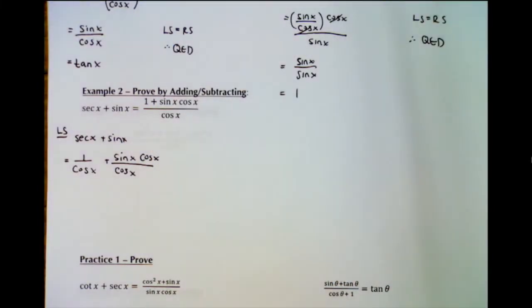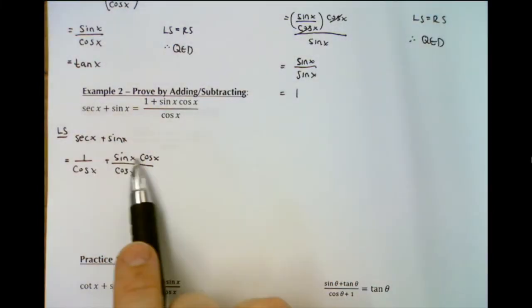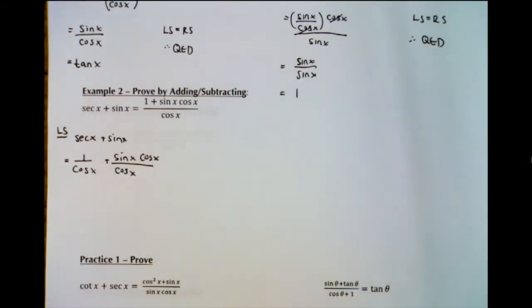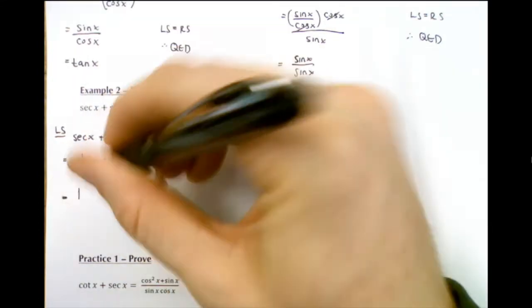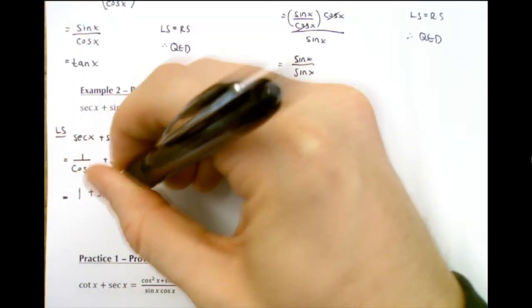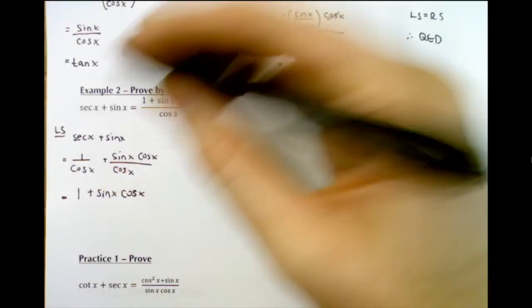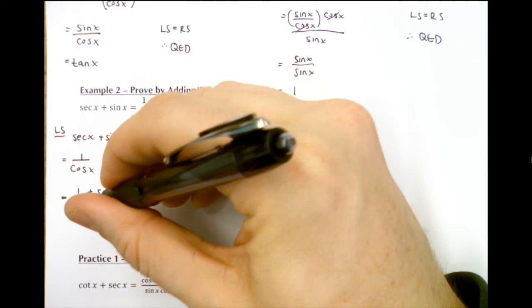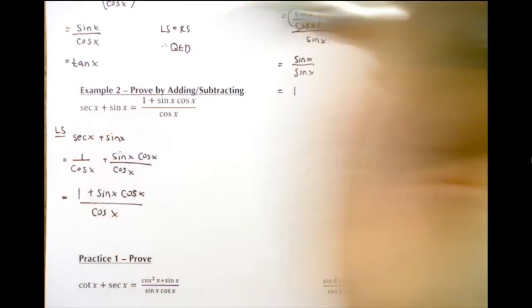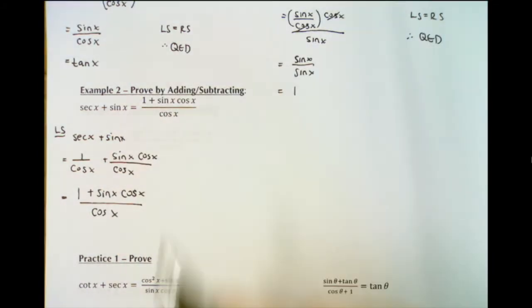So sine is really just the same thing as sine x cos x over cos x. And now we have something that we can add because we have a common denominator. We have 1 in the numerator plus sine x cos x over cosine x. And that is our right side.